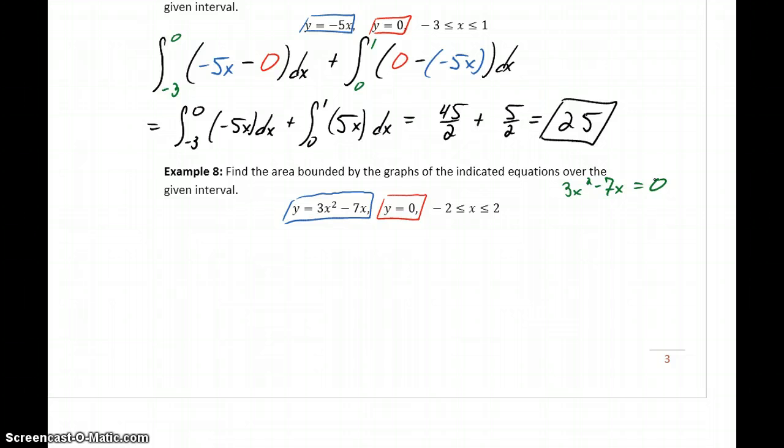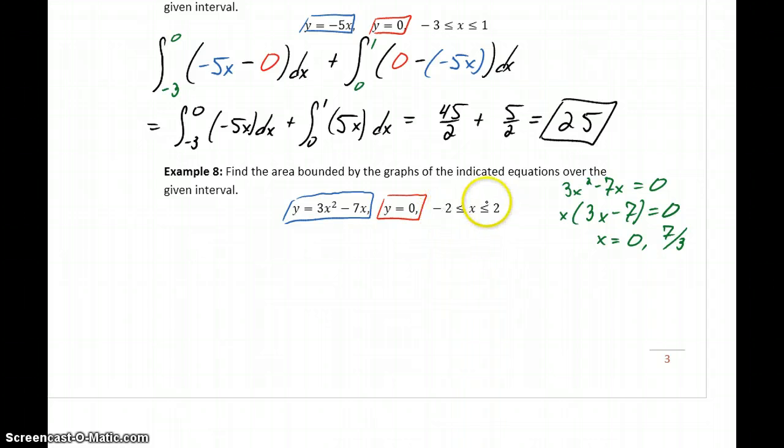This would have worked in example 7 to find that point of intersection as well. We can take those two functions, set them equal to each other. In this case, factor out an x to get x times 3x minus 7 equals 0, which gives us two solutions, x equals 0 and 7/3.